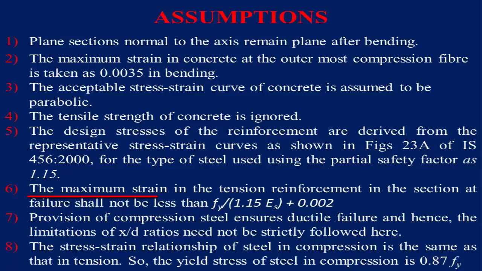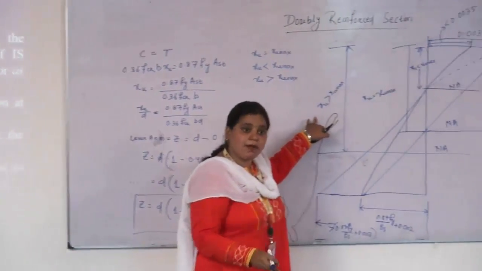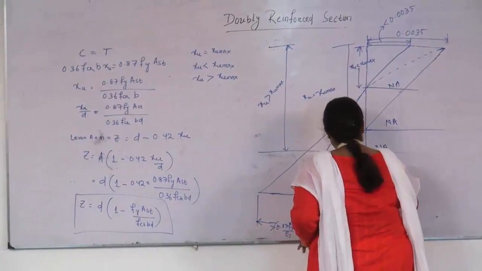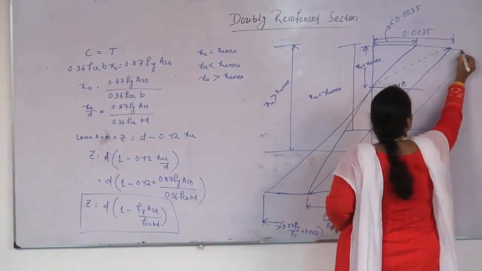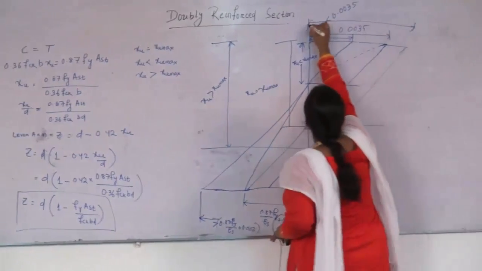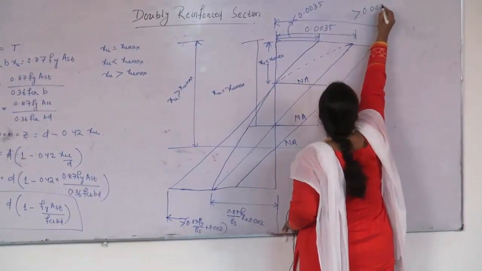Maximum strain in the tension reinforcement in the section at failure shall not be less than... But in this condition, what happened? It should be less than. Means our diagram is like this, and this to this is more than 0.0035.